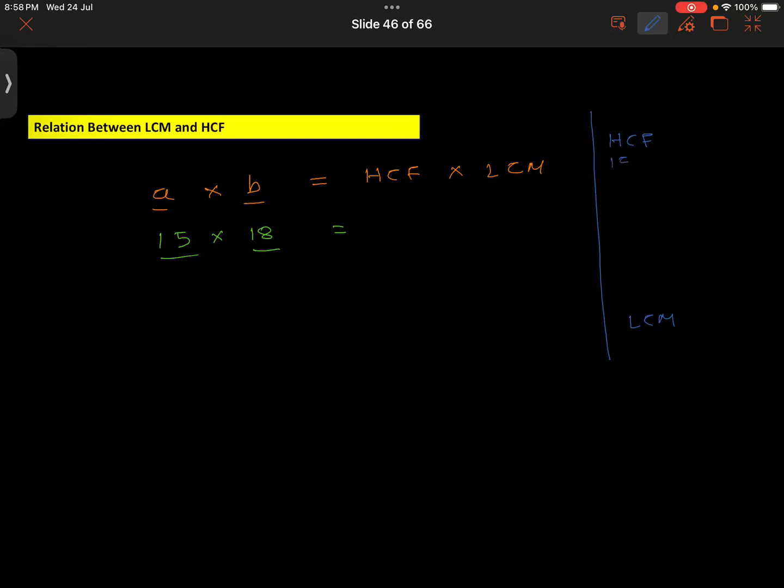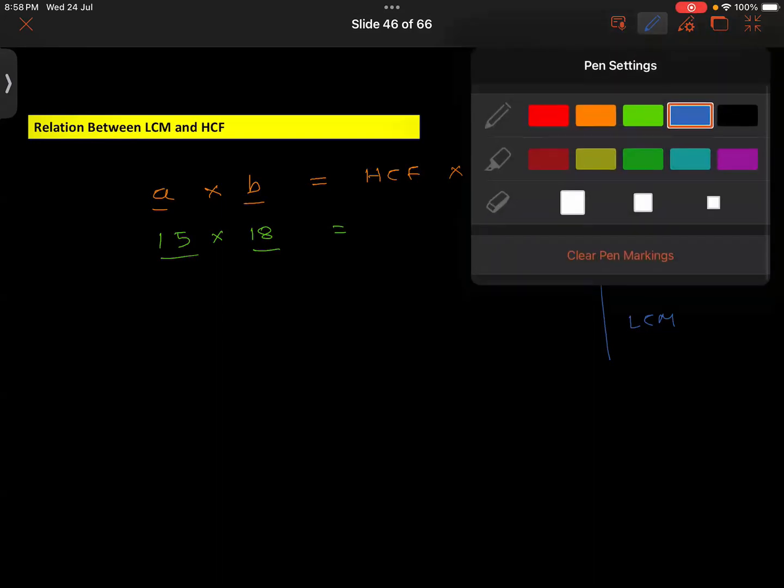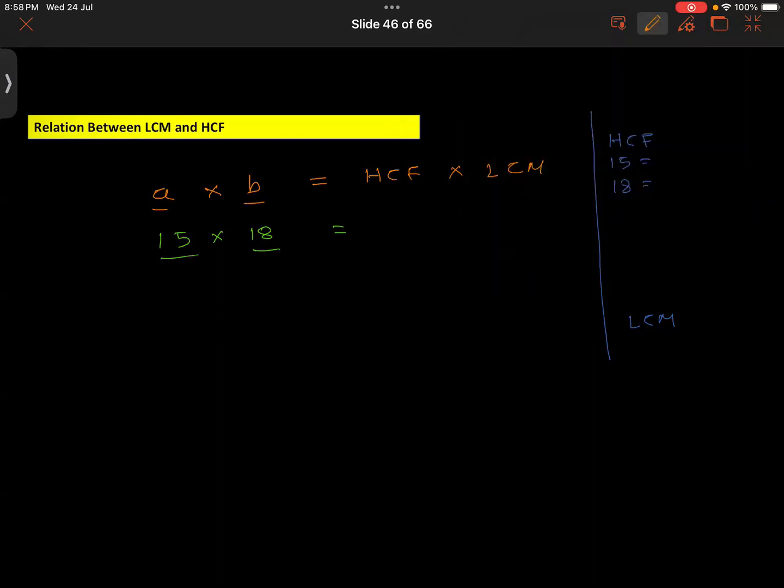So for 15 and 18, quickly mention the factors of these two numbers. For 15: 1, 3, 5, and 15. Good.